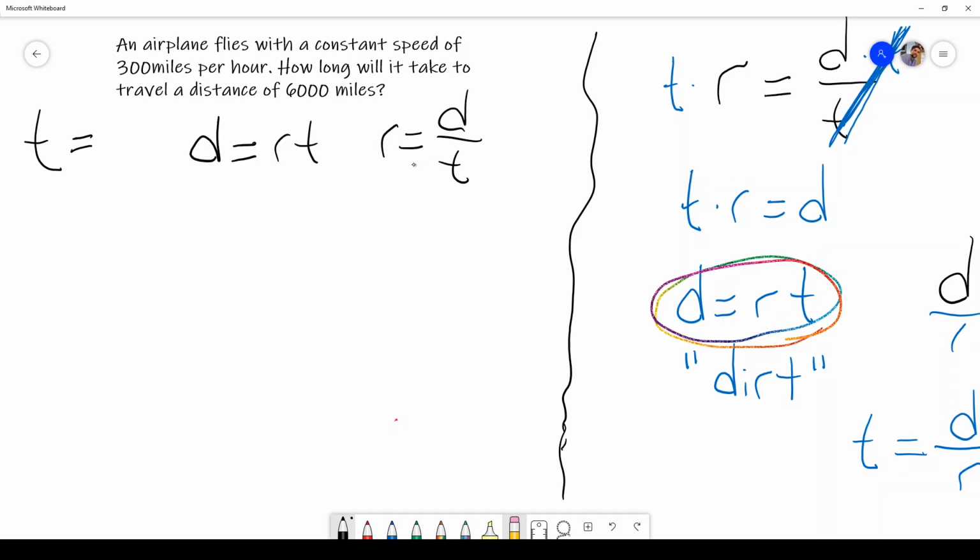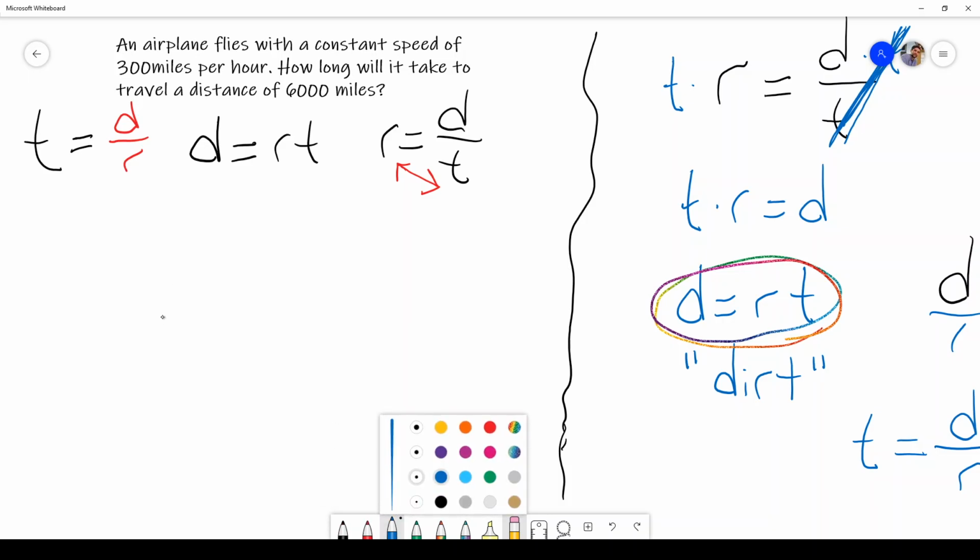Do you notice that you can just interchange these right here? This guy goes up here, and this guy goes down here. So it's just D over R. You can just manipulate those.